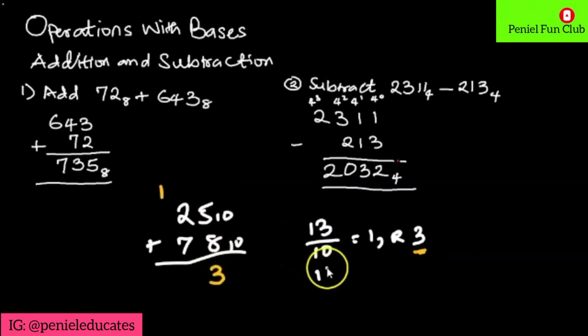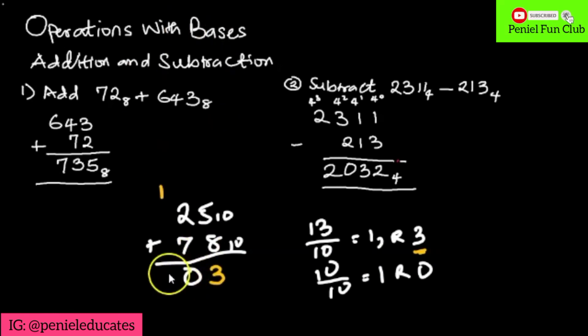So what do we do? We do 10 divided by 10. So this means 1 remainder 0. So we write remainder 0, then we carry the 1. So that's how this addition is done. 103. We are used to 8 plus 5, 13, you carry 1, 7 plus 2, 9, plus 1 is 10, then we put our 10 in. But that's the way it is actually done.